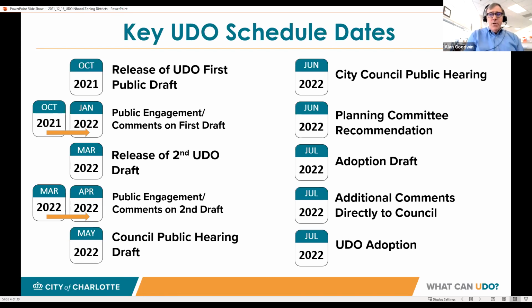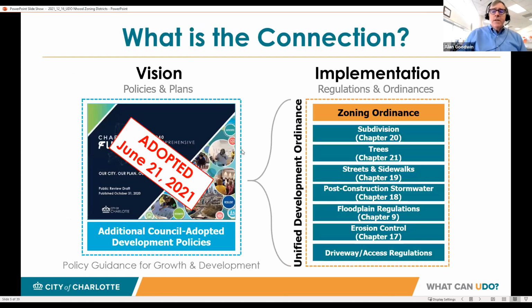There will be a public hearing in May of this year at City Council. The Planning Committee will also review the draft, and then we have a final draft that goes for adoption by City Council, or vote by City Council, we hope adoption, and that will happen in July of this upcoming year.